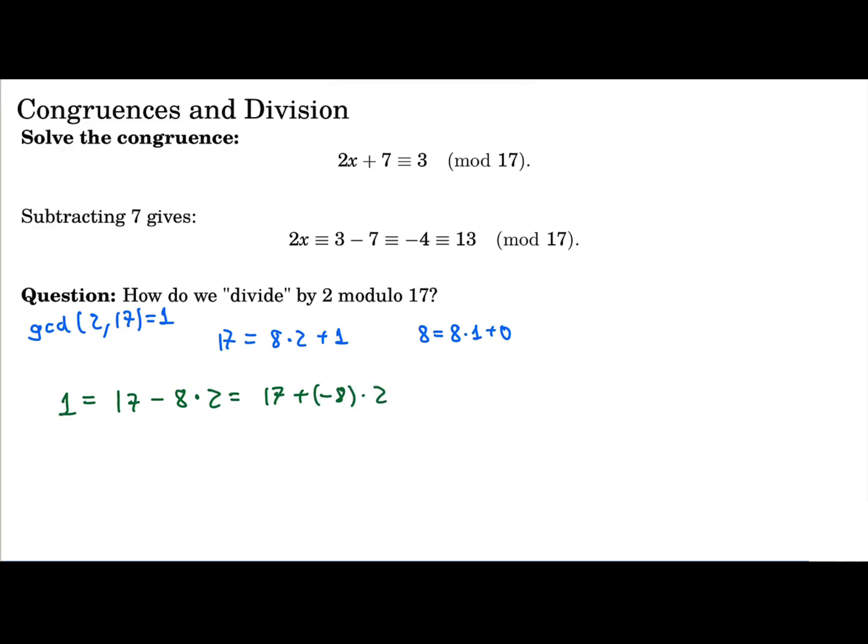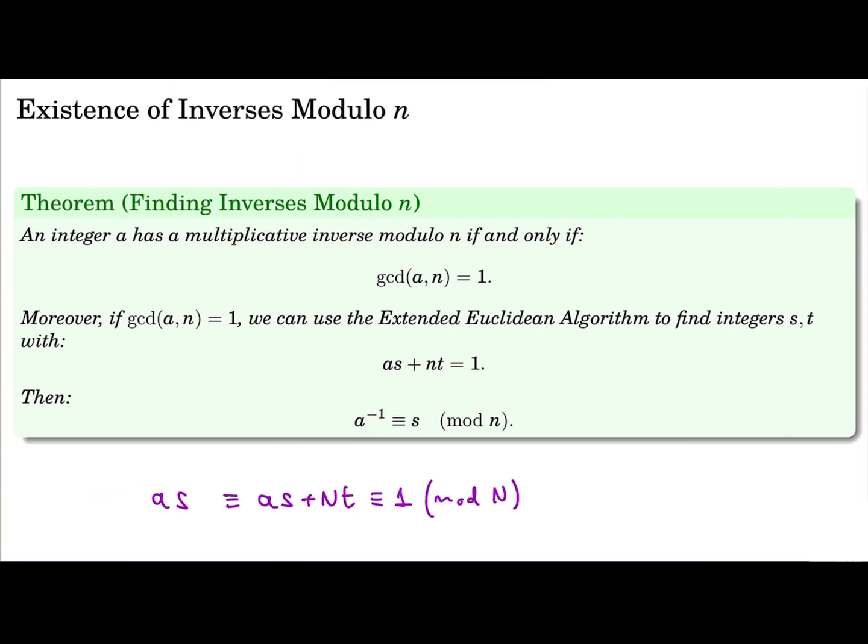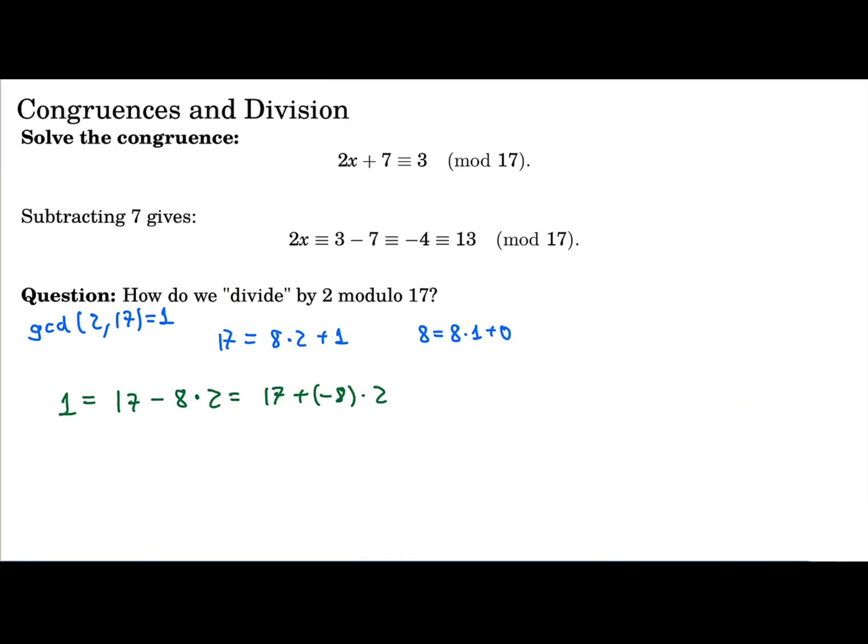Remember, we are interested in writing 1 as a combination of a and n. A is 2, n is 17, and we want to find this s here. So 1 is a combination of 17 and 2, and this is our s. It's our minus 8. So this means that minus 8 is the inverse of 2 mod 17.